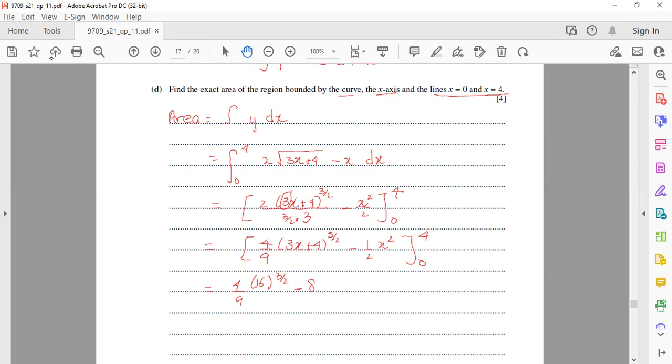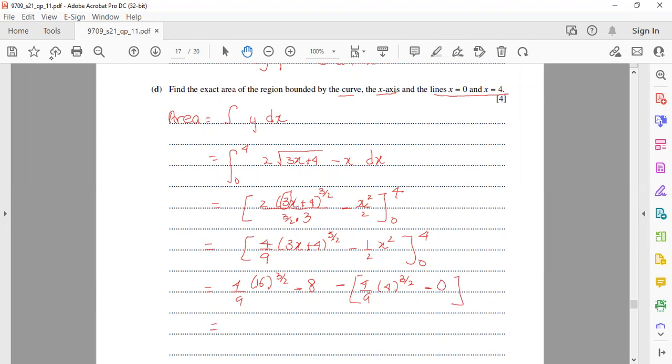Now we replace the value of 0, so minus 4 over 9 times (3 times 0 plus 4) to the power of 3 over 2, minus 0, because half times 0 squared gives us 0.